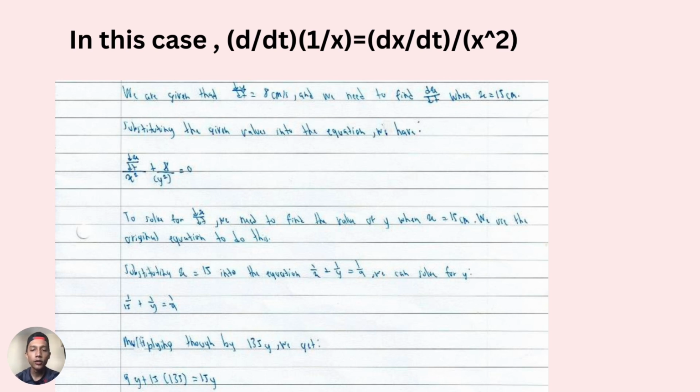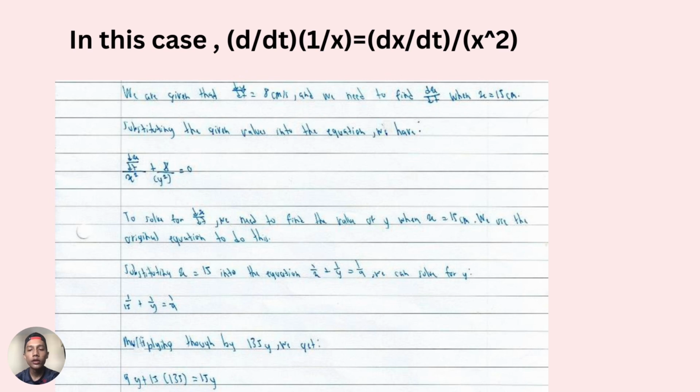Substituting the given values into the equation, we have (dx/dt) over x squared plus 8 over y squared equals 0. To solve for dx/dt, we need to find the value of y when x equals 15 centimeters.